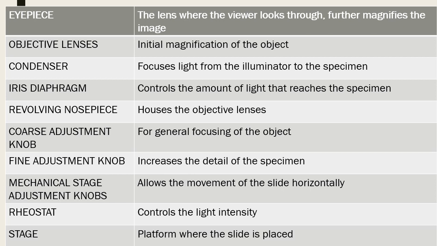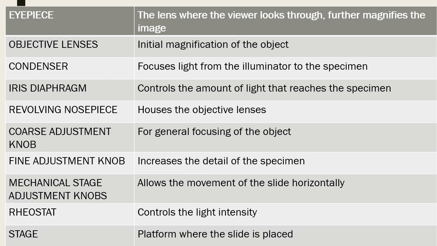Also, your coarse adjustment knob is utilized to move your mechanical stage up and down. Okay, and so this is utilized to move your sample closer to the objective lens. And then your fine adjustment knob increases the detail of the specimen.